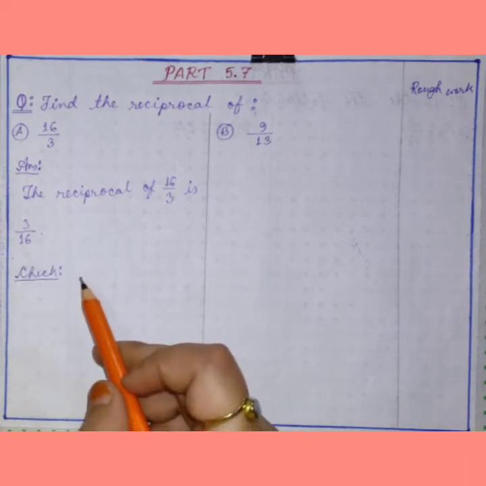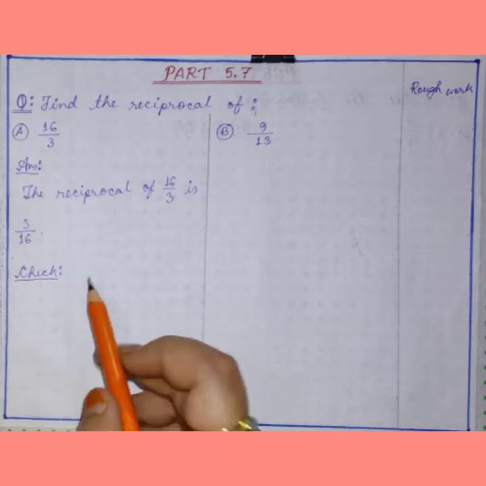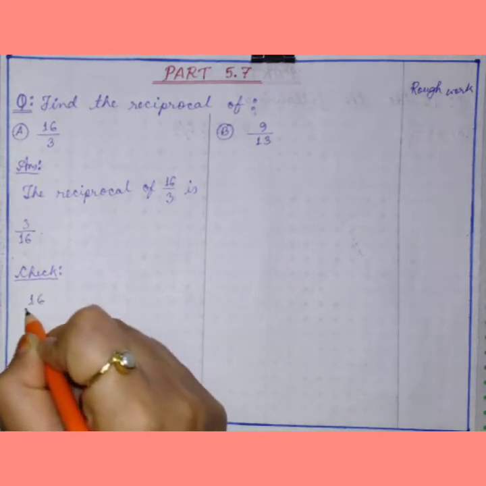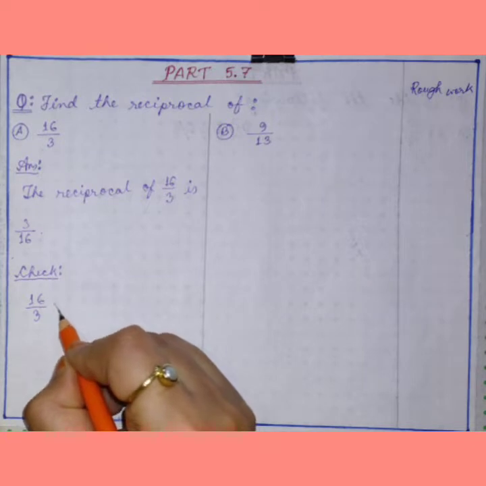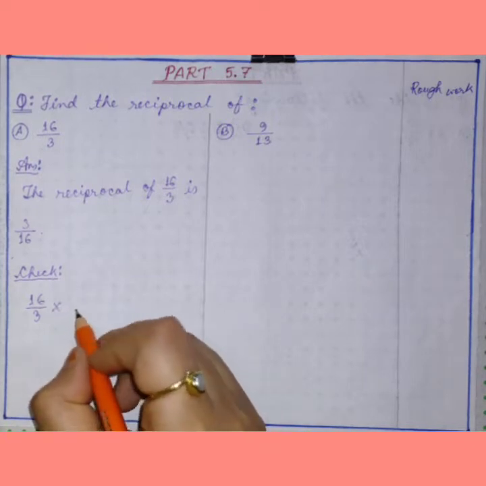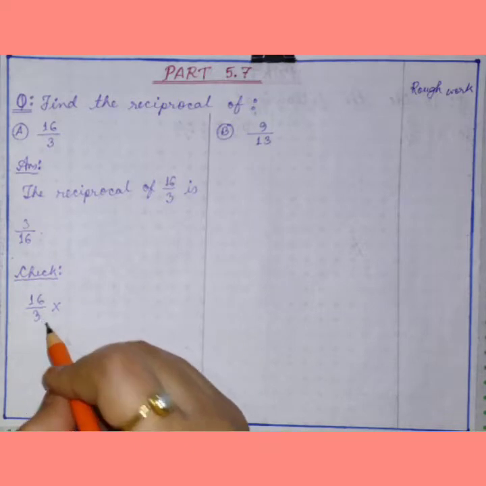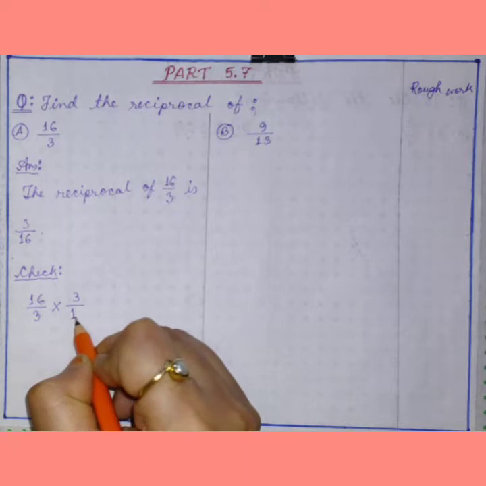To check whether our answer is correct, we will multiply the given fraction and the reciprocal that we have found. The given fraction is 16 by 3, and the reciprocal we have found is 3 by 16.